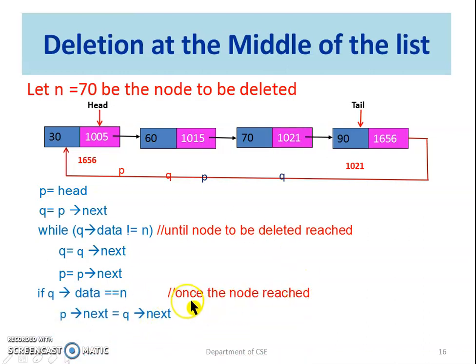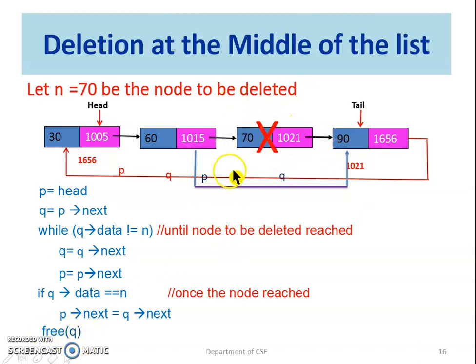Observe the link established and the old link disconnected. The node Q is free to delete physically. Thus, the deletion is completed.